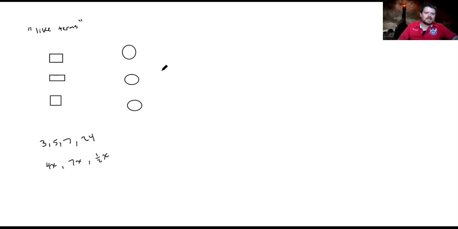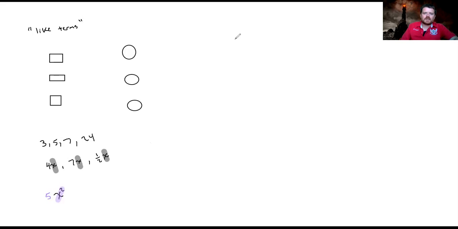But when I get into variables, the key component is that they are the same degree, the same power. Because while x's are like terms, x's and x squareds are not. X's and x squareds are different terms, and that gets a little confusing. A lot of students struggle with that concept, but x's and x squareds are not like terms.